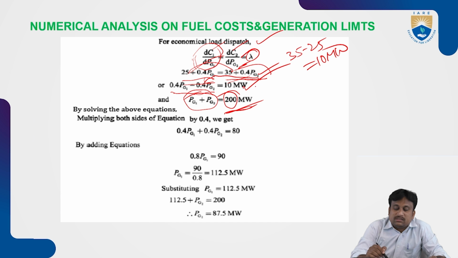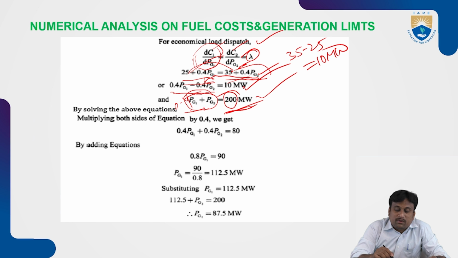By solving these equations, one more thing we need to do is multiply both sides of the equation by 0.4. Why? Because 0.4 is common on both sides. That's why we need to multiply.